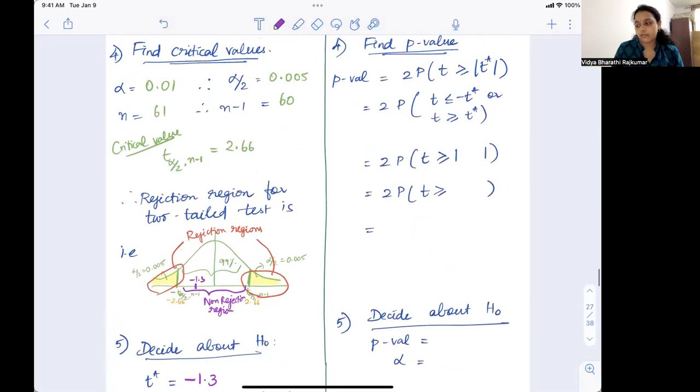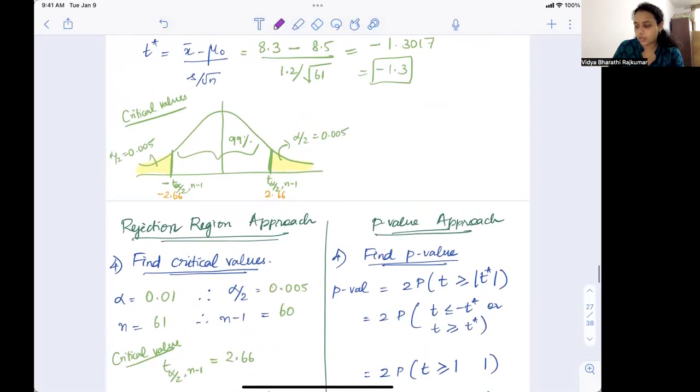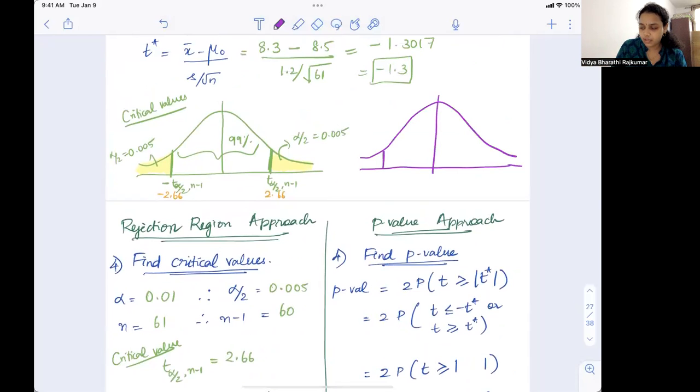Now, if we were to compute the p-value in this question, how will we think about the p-value? Remember that the p-value is the probability of getting a more extreme value than the test statistic. And because it's a two-sided test, you have to compute that extreme probability on both tails. So here is minus 1.3. I have to find the probability of getting a value lesser than minus 1.3.